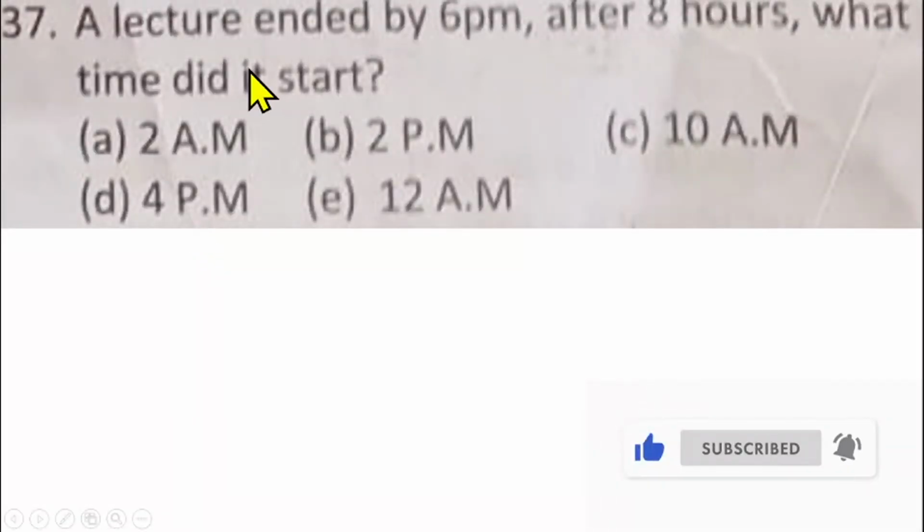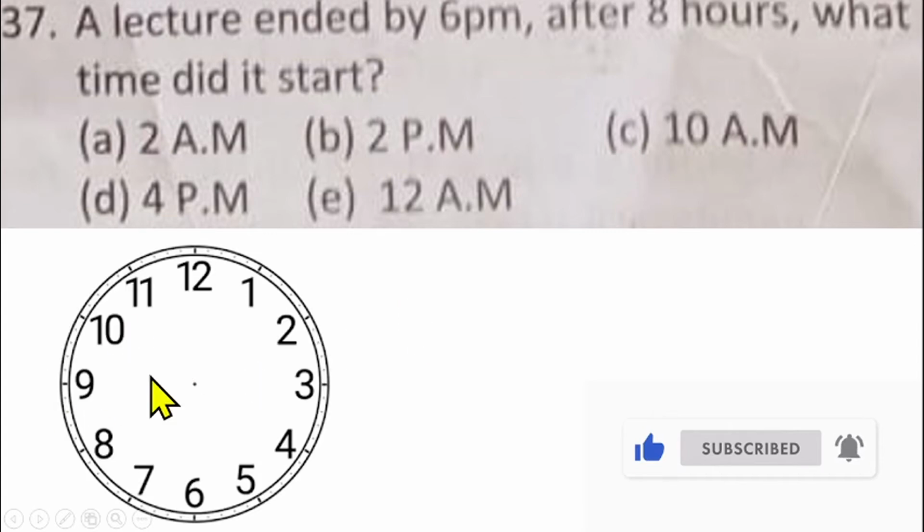Question number 40. A lecture ended by 6 p.m. After 8 hours, what time did this start? If this is the clock, and we are told that a lecture ended by 6 p.m., the hand should be like this right now, 6 p.m. So if you count 8 hours backward, that should give us when it started.